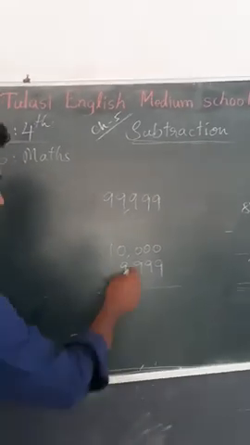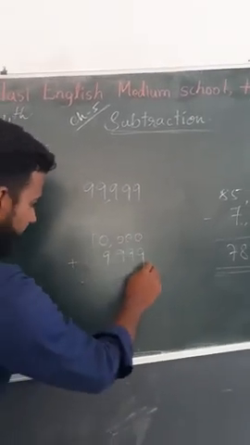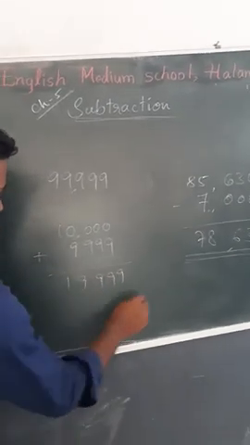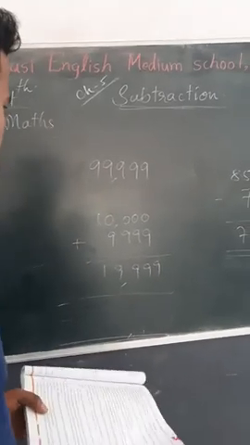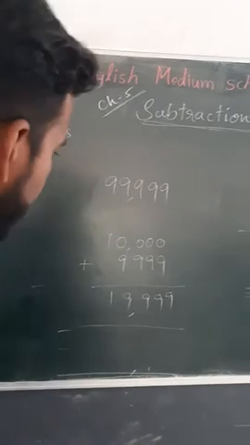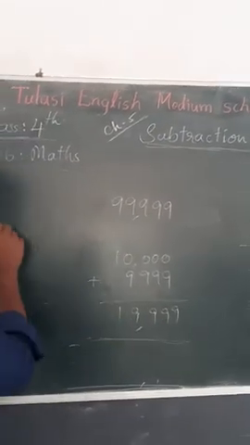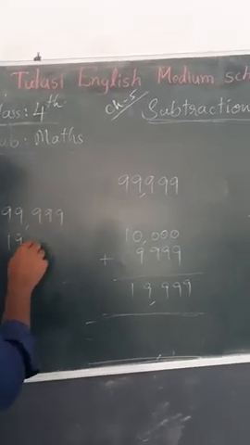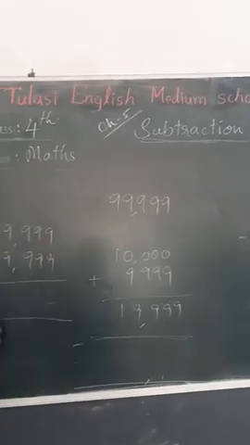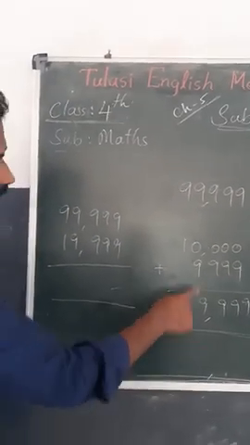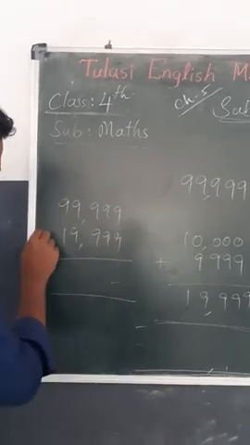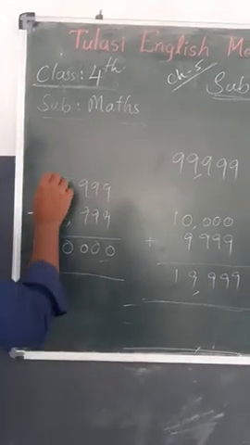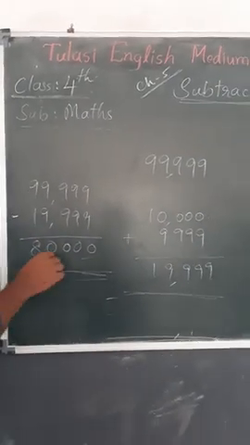So when we add this, 19,999, we have to subtract this 19,999 from 99,999. You have to subtract this sum from this. Subtract: 0, 0, 9 minus 1, 0, 9 minus 1, 0, 9 minus 1, 80,000.